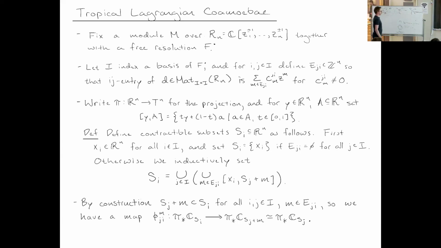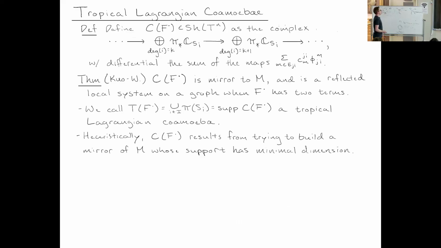This projection to the torus is just modding out by integer translations. So I can now sum together the pushforwards of their constant sheaves, and I will be able to build a certain complex of constructible sheaves on T^n.